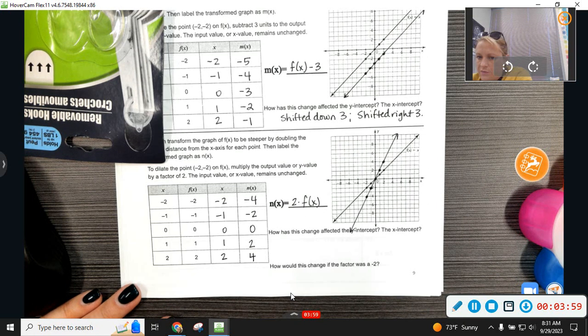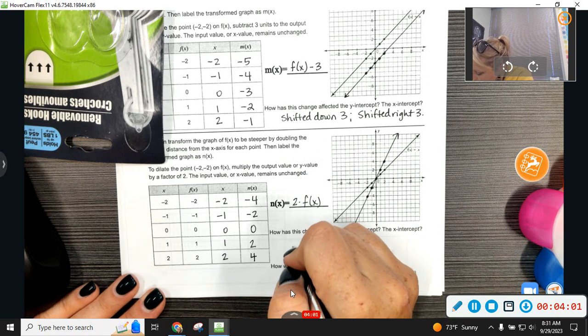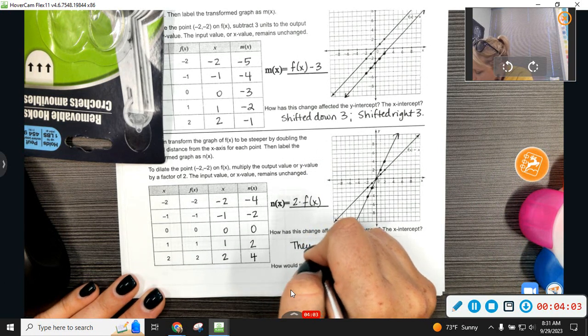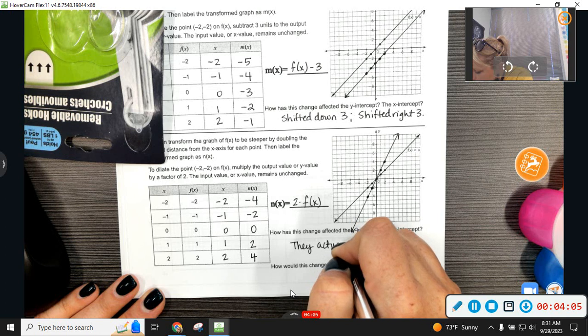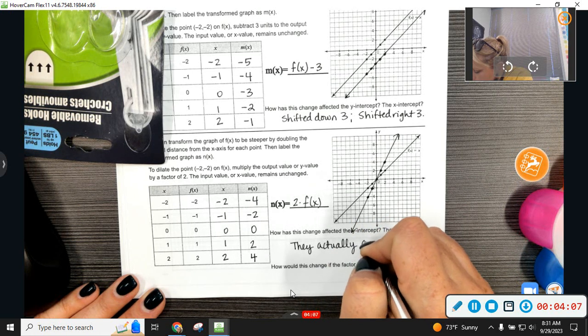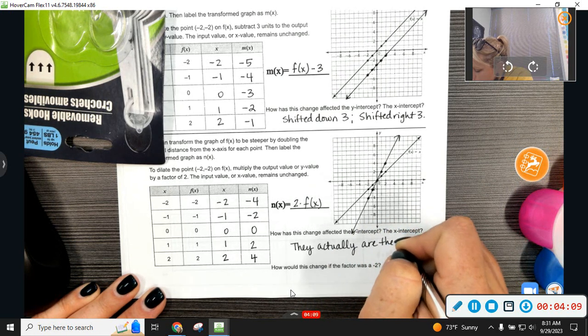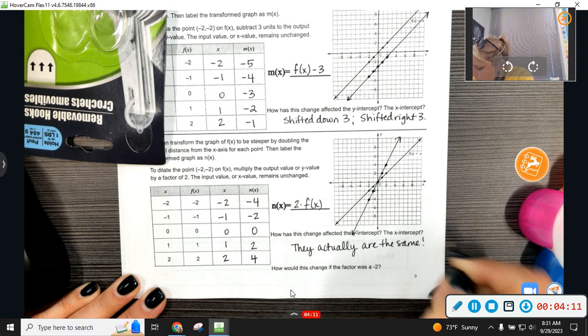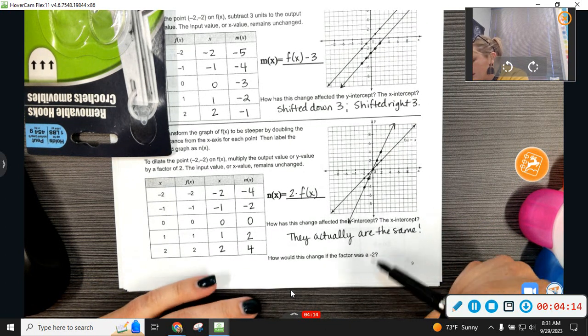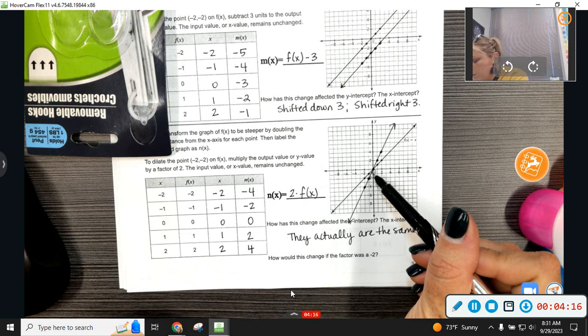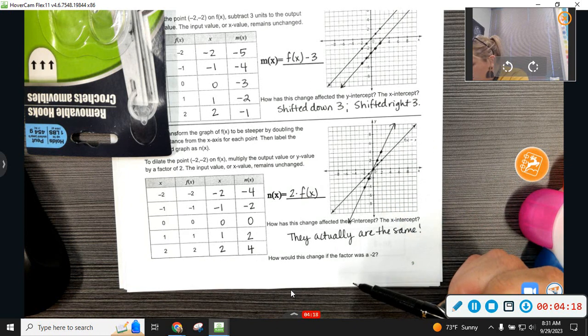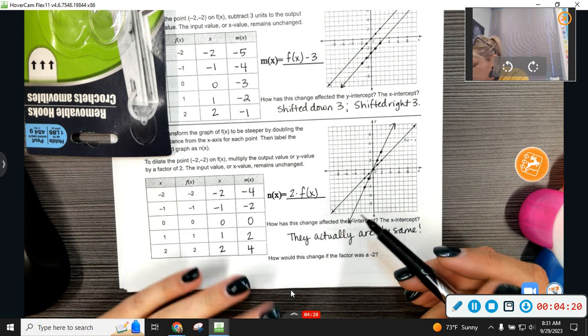How has this change affected the y-intercept or the x-intercept? They actually are the same. Because the x-intercept and y-intercept are still 0, how would this change if the factor was -2?